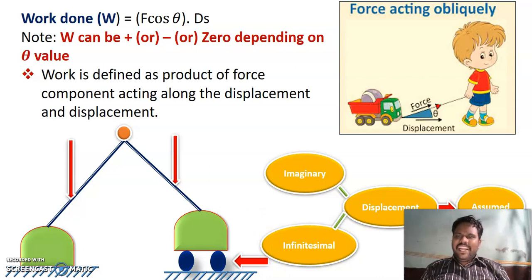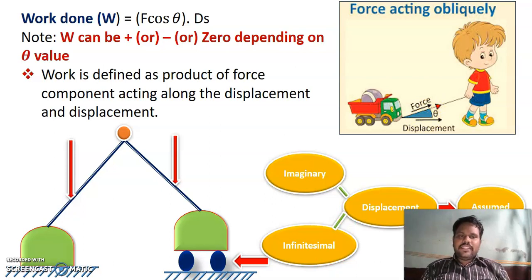Work is defined as the product of the force component along the displacement and the displacement. Note, the work can be positive, negative or zero depending on the angle between the force and the displacement.